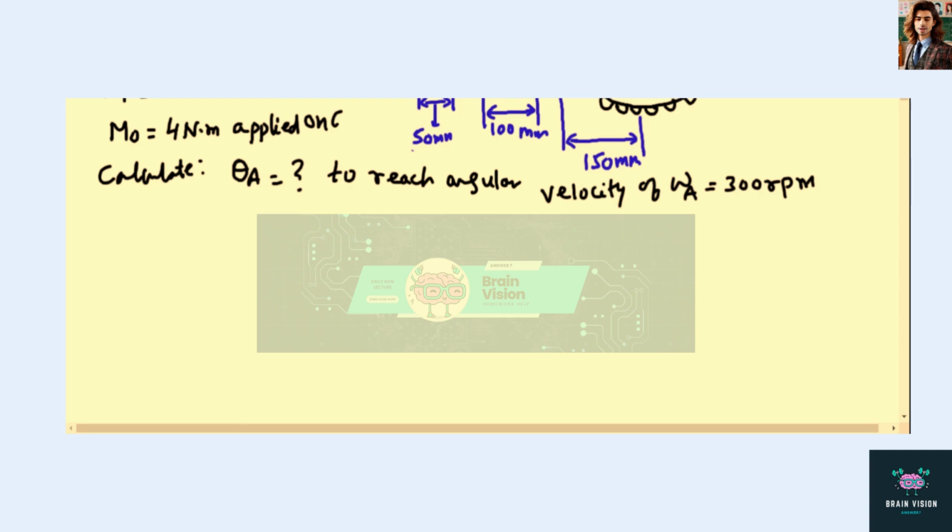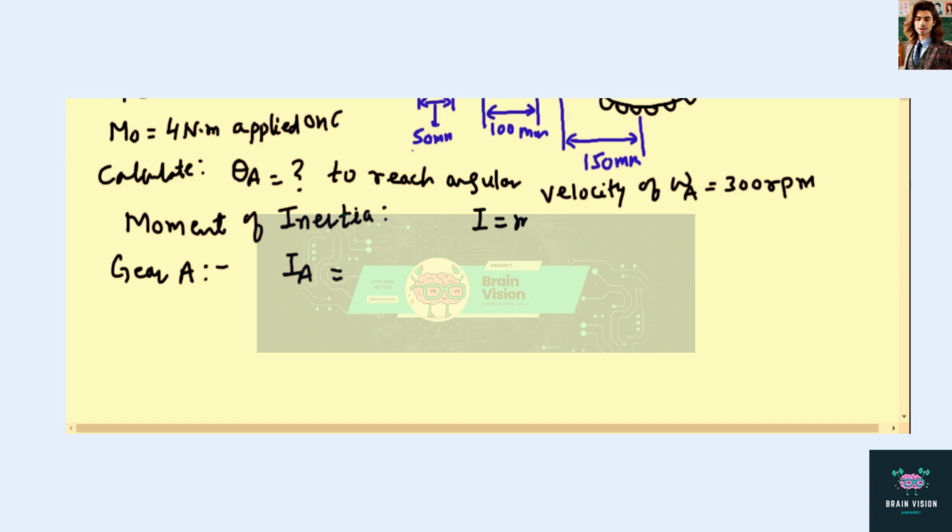So first we find the moment of inertia of each gear, starting with gear A. The formula to be used is the product of mass and the square of the radius of gyration, the general formula being m k square. We use it for gear A.